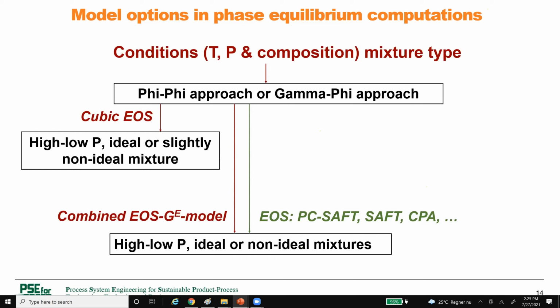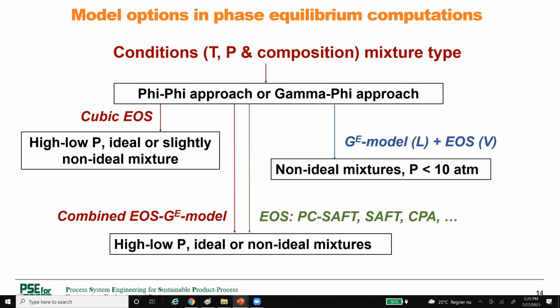They will be applicable for high, low pressure, ideal, non-ideal. If we have low pressure, but non-ideal, then we use the GE model for the liquid phase, and the vapor phase is most of the time assumed to be ideal, or we can use an equation of state. Okay, very simply, these are some simple rules to choose your criteria for the models.